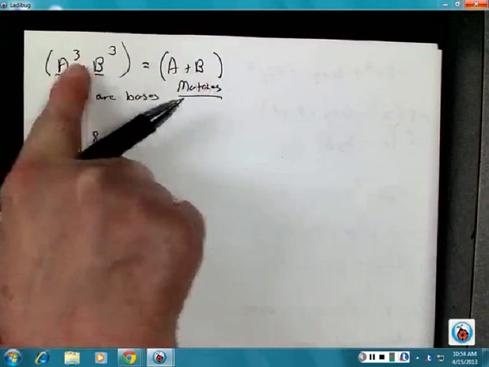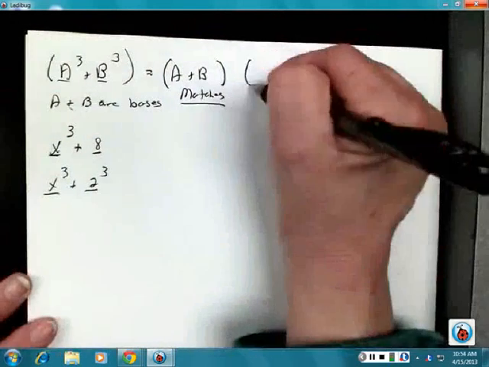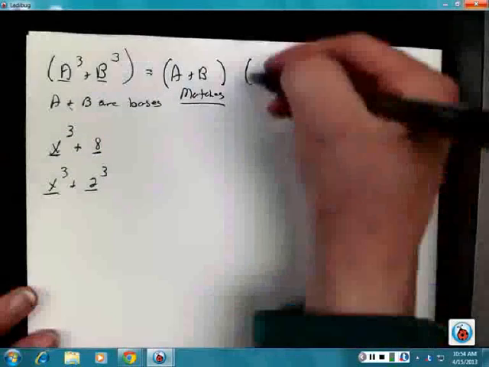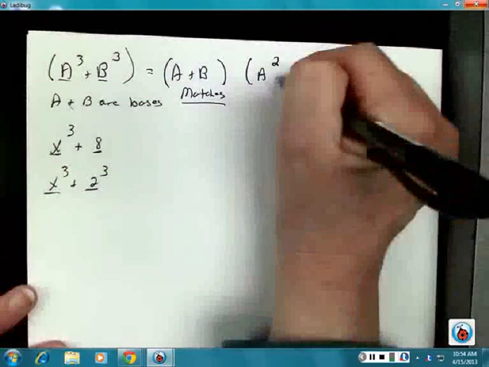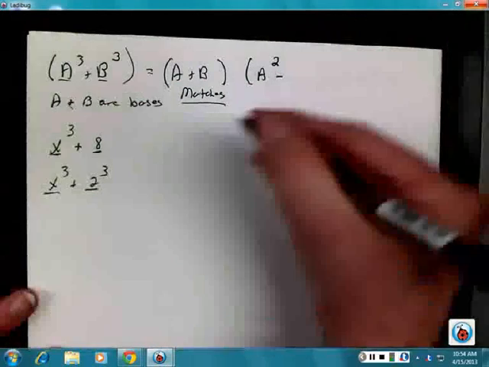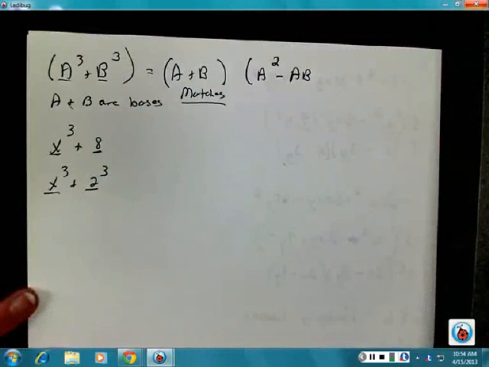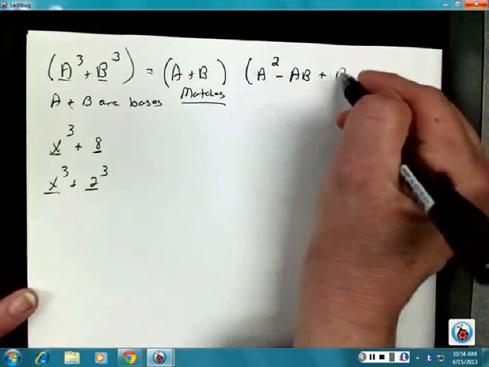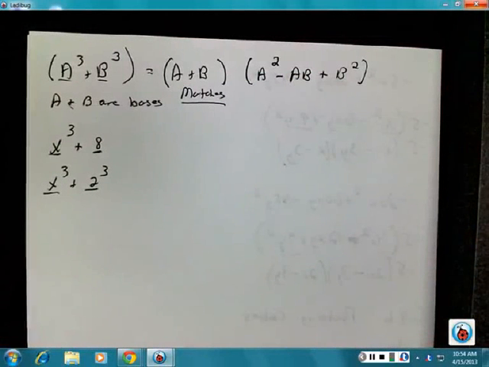So that part matches, and again, it's the bases that I'm looking at. The second part of my formula is I take the a value and square it. Opposite sign in here, minus a times b. And again, it's whatever a and b happen to be, plus b squared. Okay? And that's my formula that I use.